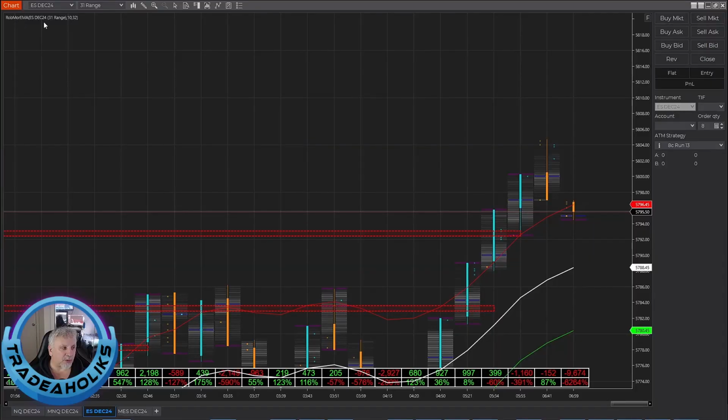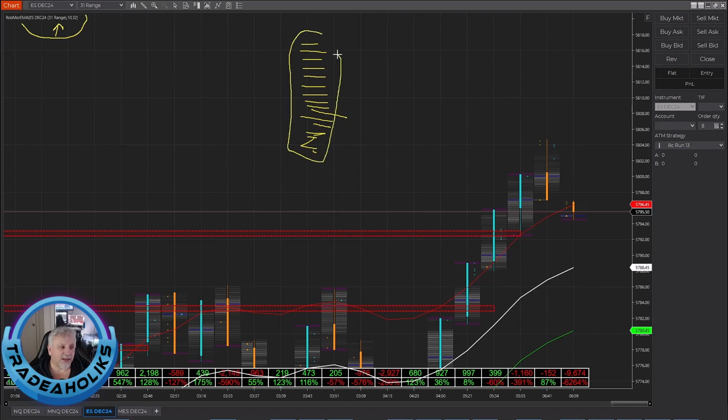On this chart, you'll also notice up here that it says range. So this is a range chart. If you don't know what a range chart is, the setting I have on this is 31 ticks. In other words, you have 31 ticks, and that represents every candle.